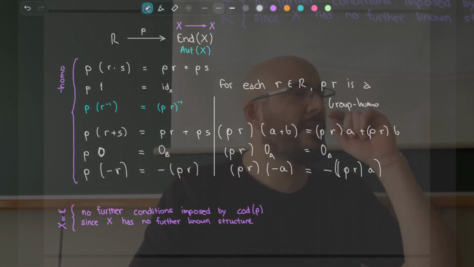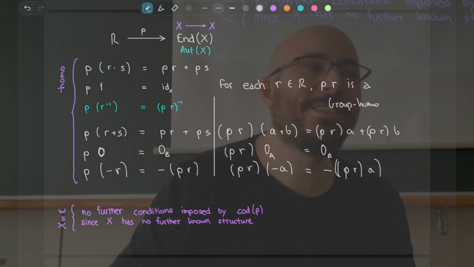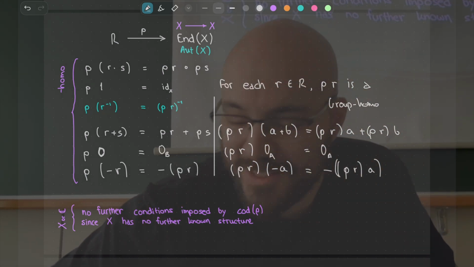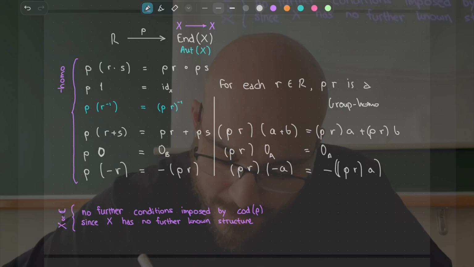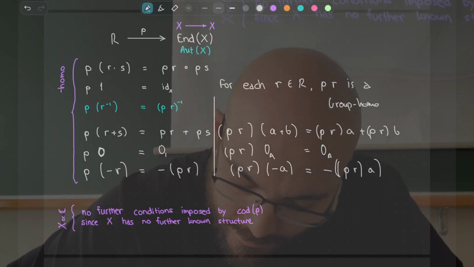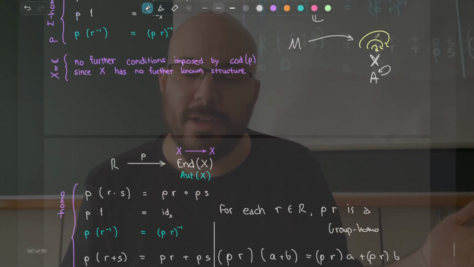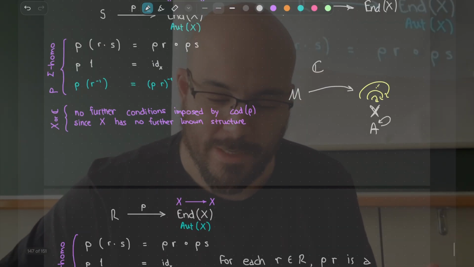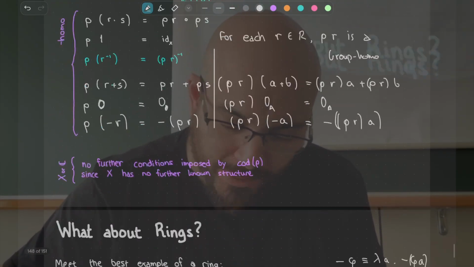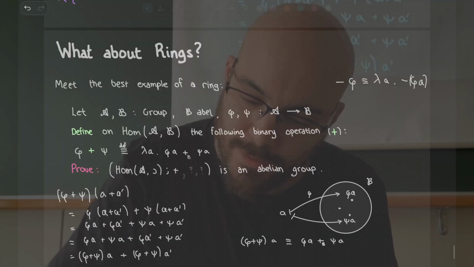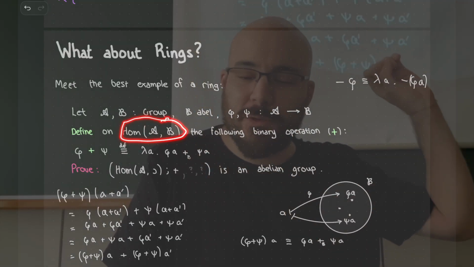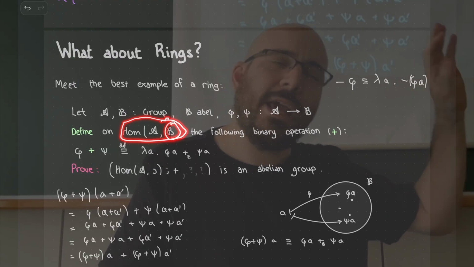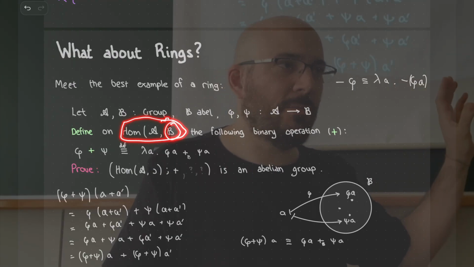Why do we have B on the left and A on the right? Thank you. This is what happened. I was talking about this operation that you can define on homomorphisms from A to B as soon as you know that B is an abelian group. A doesn't really need to be an abelian group.